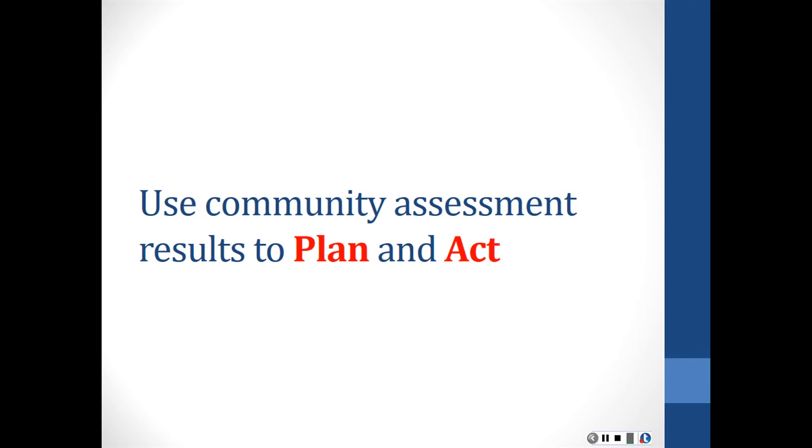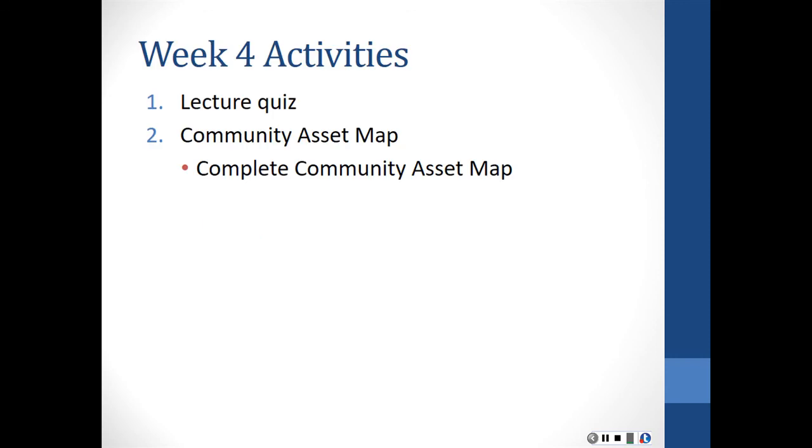You do the same thing with individuals. You have an individual plan that you arrange with the individual, and then you start implementing it. In the following weeks, we'll be thinking about how to plan a community intervention and how to implement that. So our activities for this week would be your lecture quiz that is on Blackboard. You're also going to be completing a community asset map.